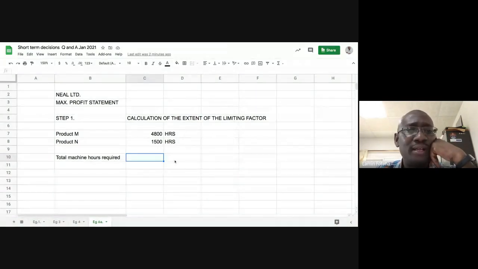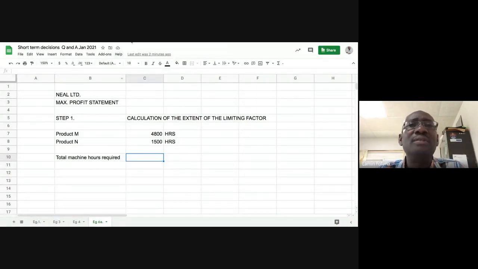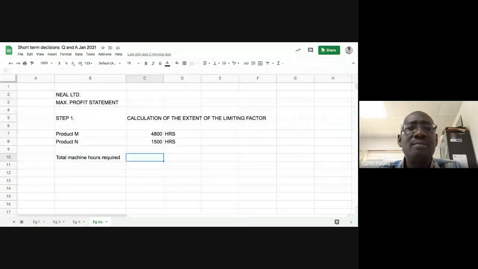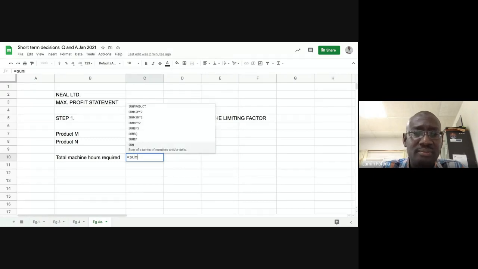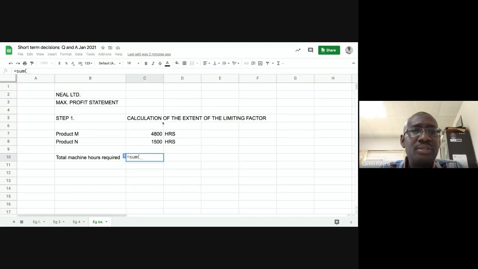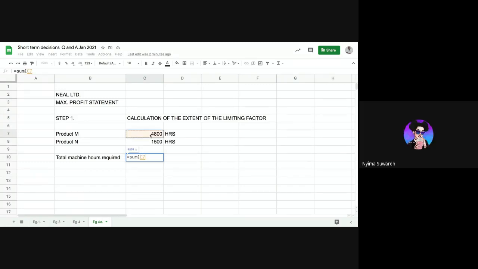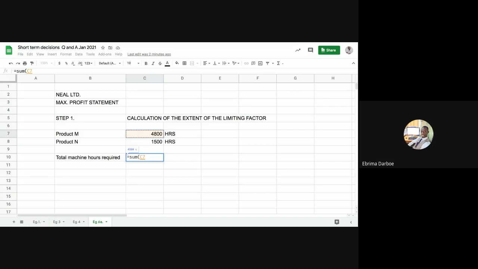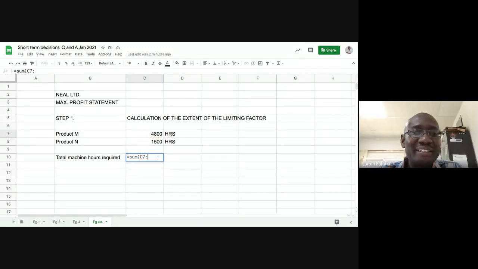So we do the formula. Equals sum, bracket open C7 plus C8.